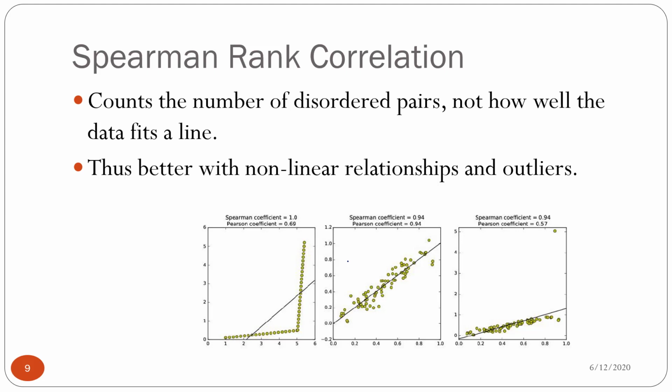We fit a line through the data set, and then we try to estimate the correlation. But Spearman's rank correlation is based on a different concept altogether. Let's try to understand where this will be handy and how we compute it.